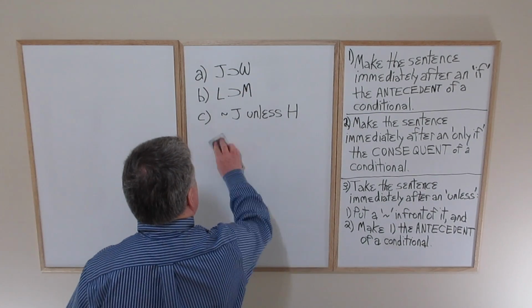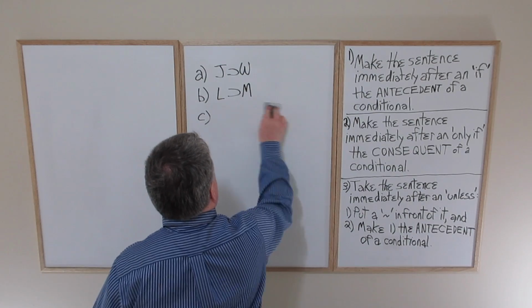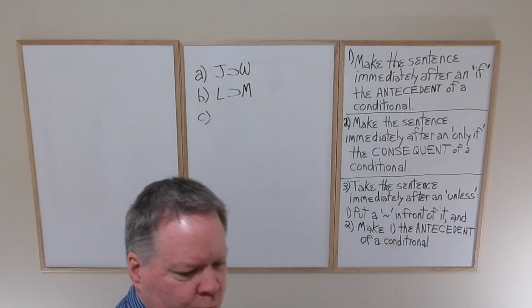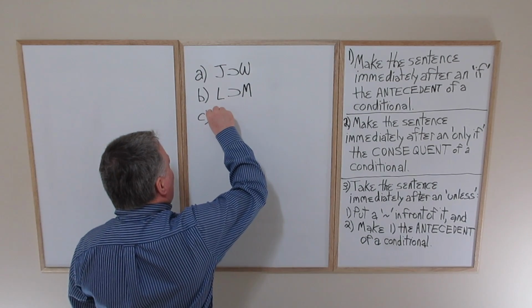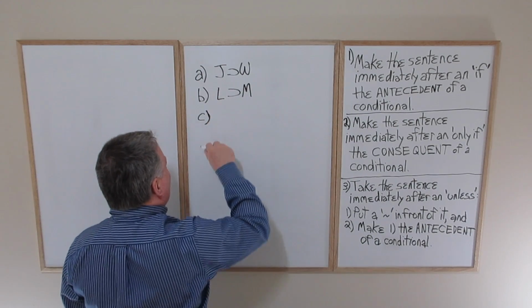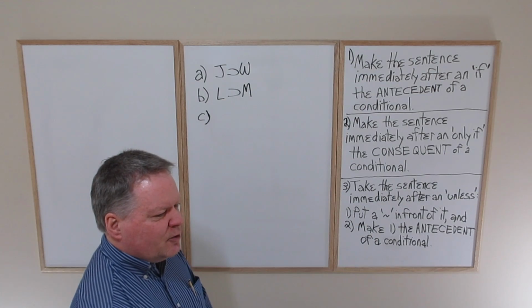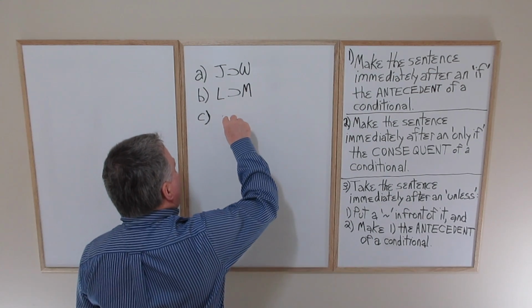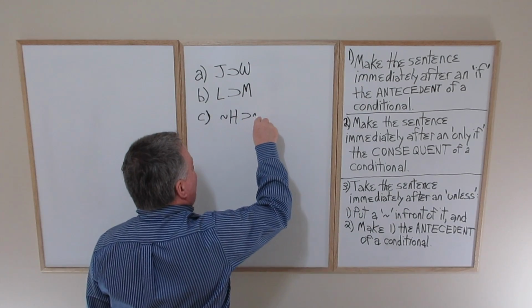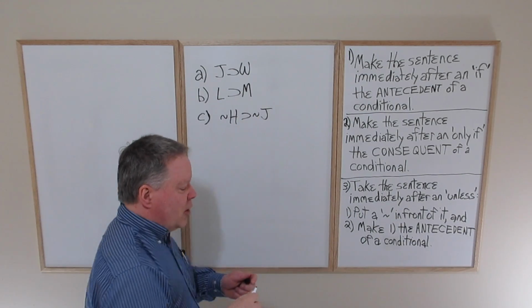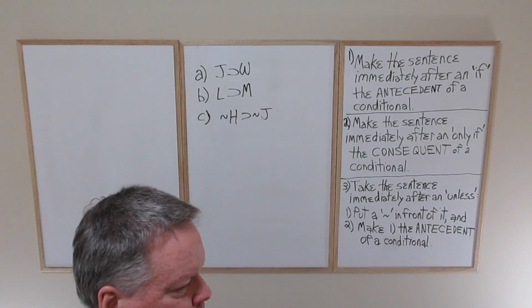So let's see if that does it for us. So, John will not make supper unless he is very hungry will become, if it's not the case that John is very hungry, then John will not make supper.